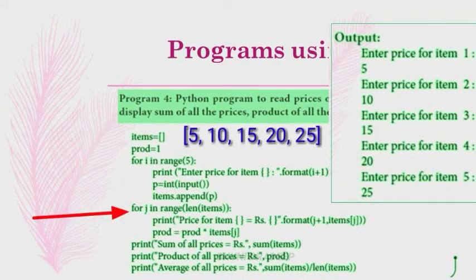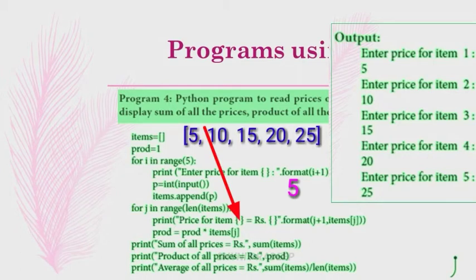See the next line. For j in range length of items. Length of items what? Totally 5 items are there. So length of items is 5. So you have to take j values from 0 to 4. Initially j value is 0. Next, print price for item 1.